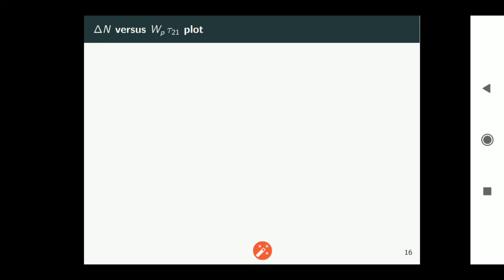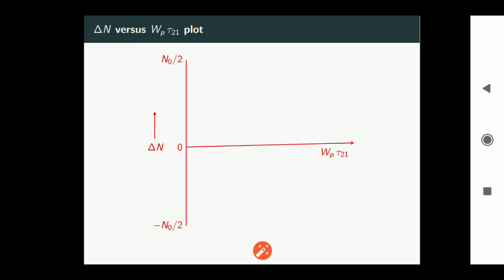Now, in order to understand that, let us plot a graph of delta N versus Wp tau 21. The curve starts from a very negative value and goes up to a positive value, and reaches a saturation value around N0 by 2. So this also defines the threshold radiation required, which is much above the value of 0. Wp should be much higher.